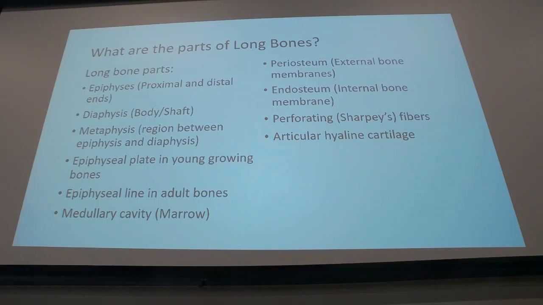You shouldn't have narrower or wider than that. Now, in the endosteum, you have cells. You have osteoblasts and osteoclasts. Similarly, in your periosteum, you have osteoclasts and osteoblasts.